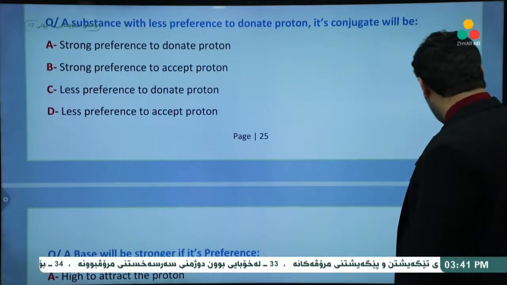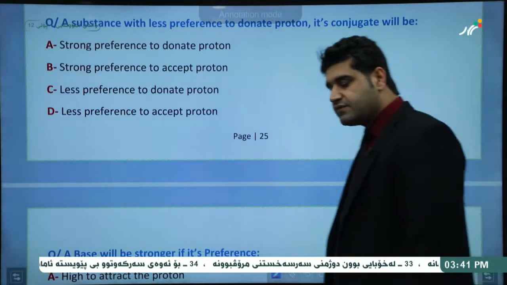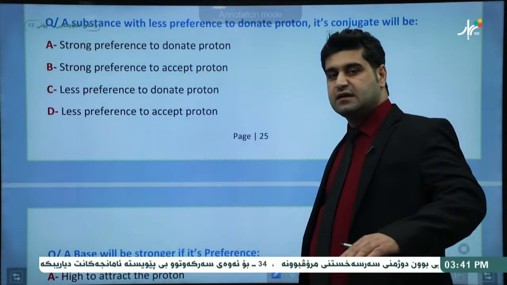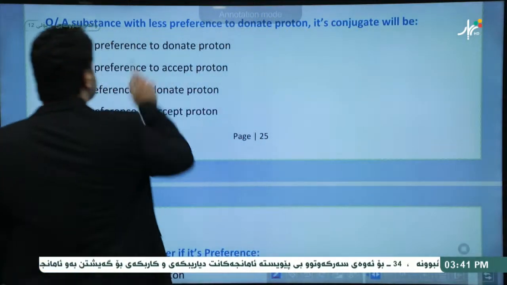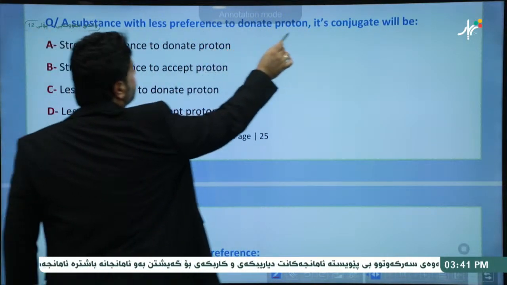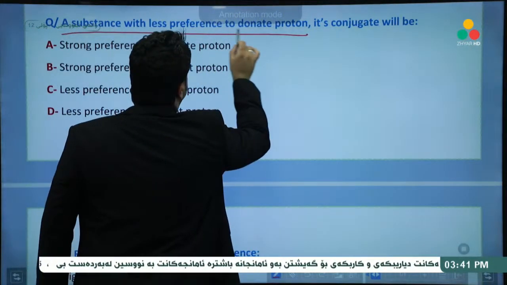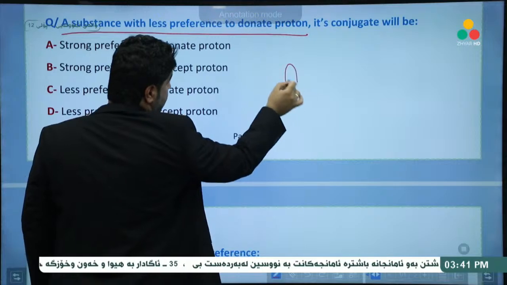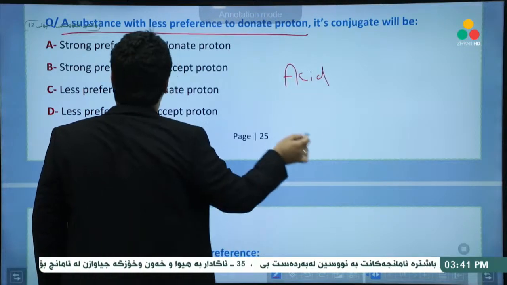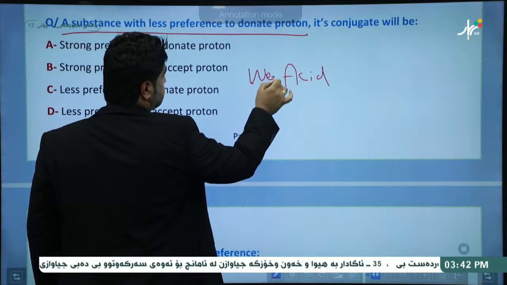So conjugates differ from each other by exactly contrasting properties. A substance with less preference for donating a proton: donating a proton is a property of acids, and it's less, so it means weak acid.